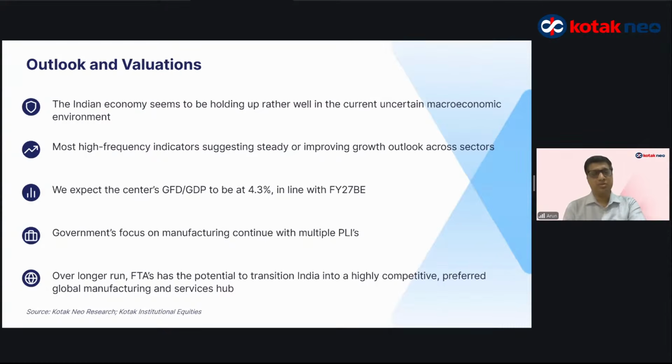We believe these initiatives on the FTA side have the potential to transition India into a highly competitive market globally. So the government is focusing a lot on manufacturing, and we are also focusing a lot on exports.